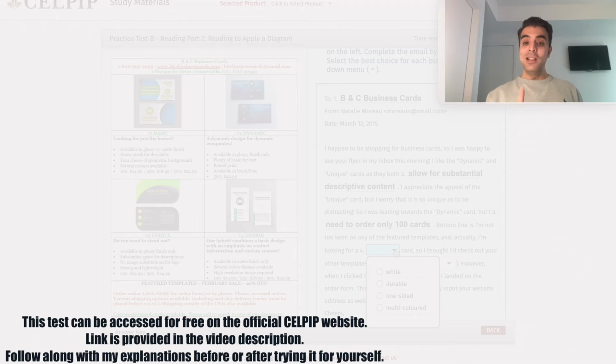Now, it seems that custom design, based on what I saw, wasn't the answer. But look, what is Natalie looking for that cannot be found in any of the 4 options? Now, if Natalie is looking for a white card, for example, will she be able to get one?